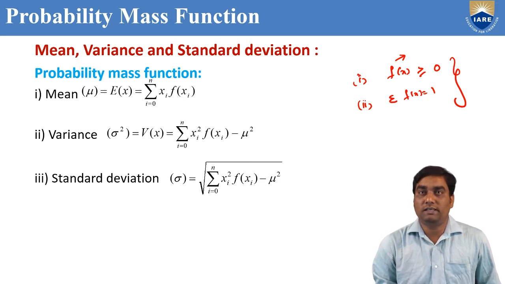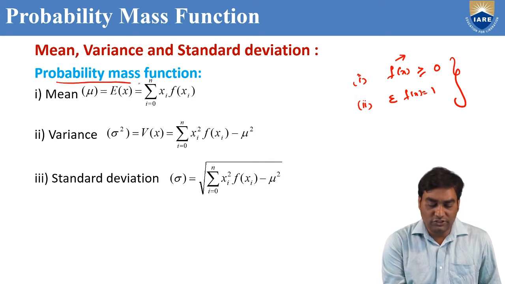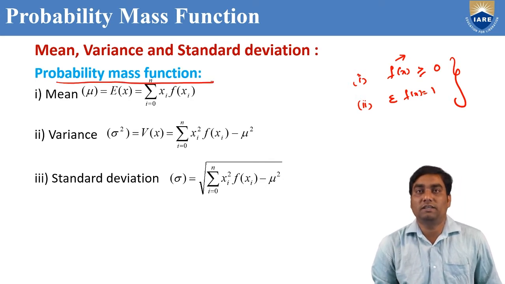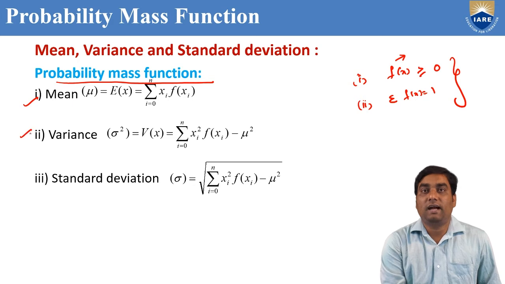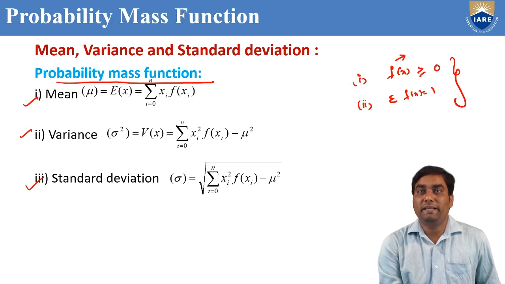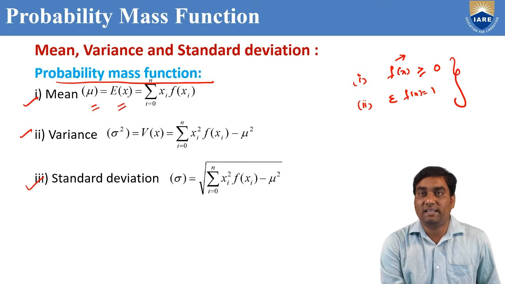Now we are going to discuss the mean, variance and standard deviation under the probability mass function. The mean symbol is mu, which is also written as expectation of x. You should remember that a probability mass function means summation and a density function means integration.